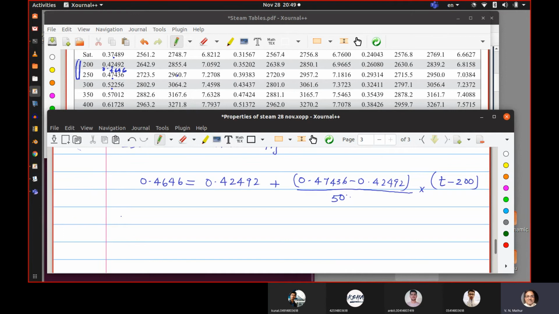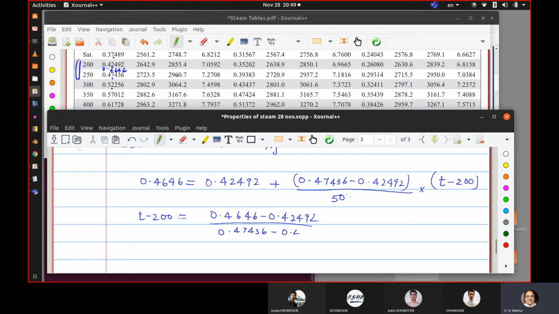And write here T minus 200 is equal to 0.4646 minus 0.42492 divided by 0.47436 minus 0.42492.